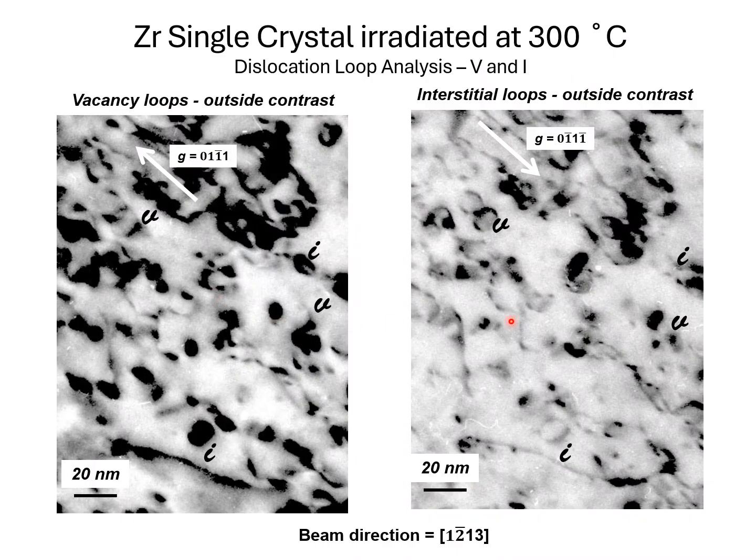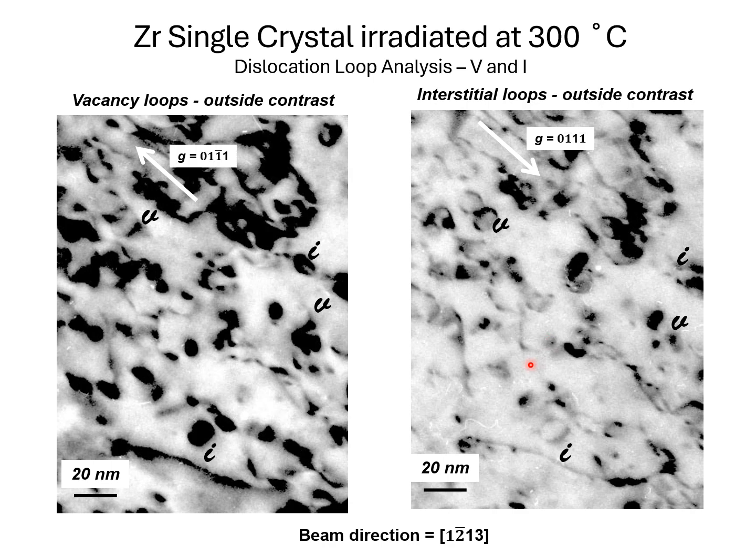Here's an as-irradiated single crystal irradiated in NRU. Pretty poor contrast, and that's a characteristic of zirconium, because it's a heavy element, element 40, and often the contrast is anomalously absorbed, if you like.